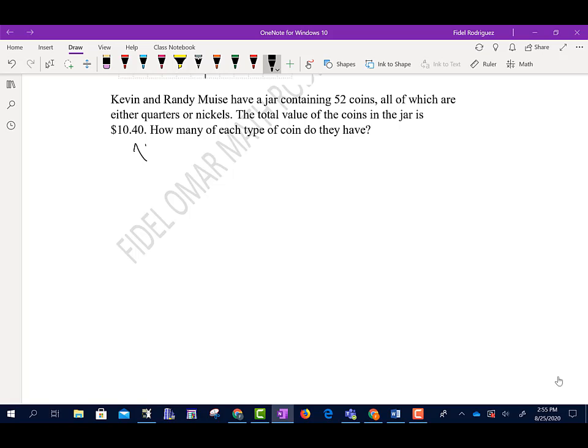So how about if we say X is the number of quarters, Y is the number of nickels, okay? How many coins do we have total? 52. So that means that X plus Y is going to be 52. Okay. So there's my first equation.